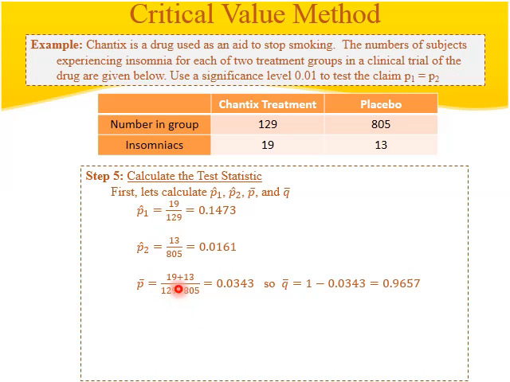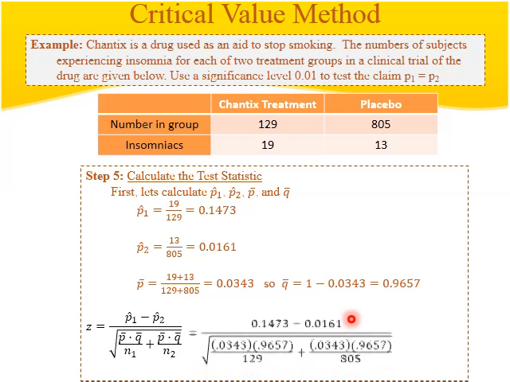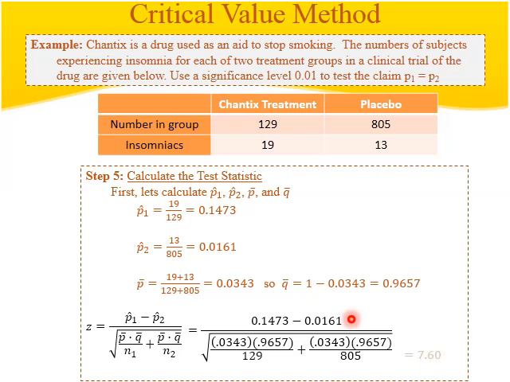P bar is the pooled proportion, so the numerators added together divided by the denominators added together, and I get 0.0343. Q bar then is 1 minus that. Now we can plug all this into our test statistic, and we get a test statistic of 7.6.